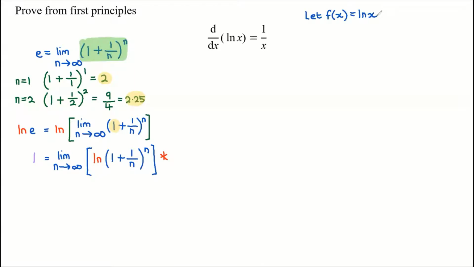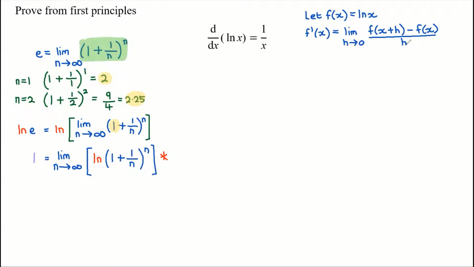We know from the definition that f dash x is equal to the limit as h approaches 0 of f of x plus h, subtract f of x, all over h. Now we just substitute our function, natural log of x, into that definition.